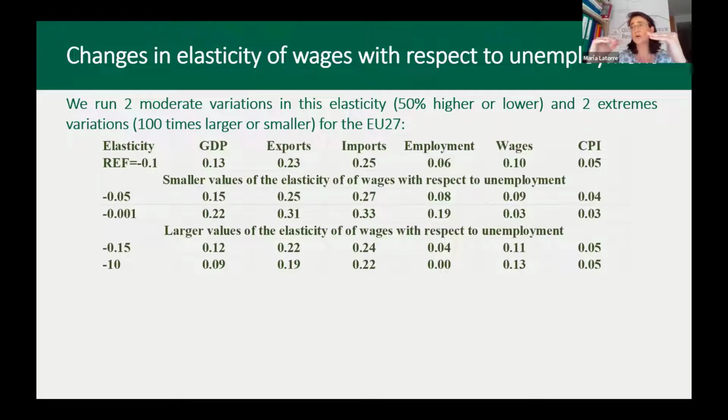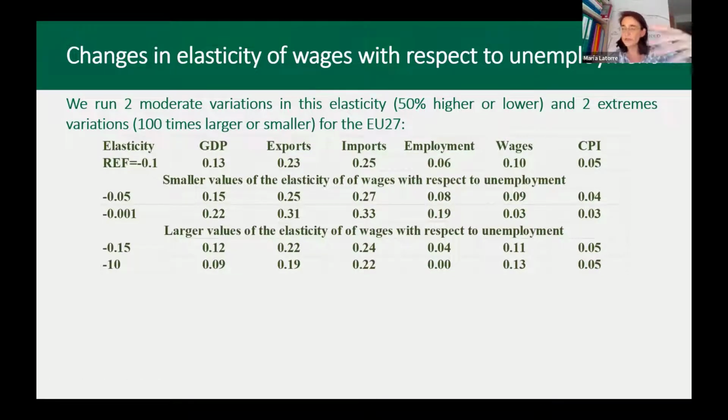In this part of smaller values, the wages are less sensitive. So that makes it possible to increase the number of people hired with a lower increase in the wages, and that allows firms to create more jobs because it is less costly.